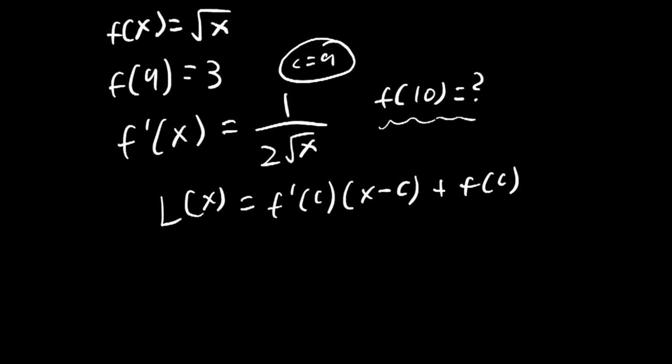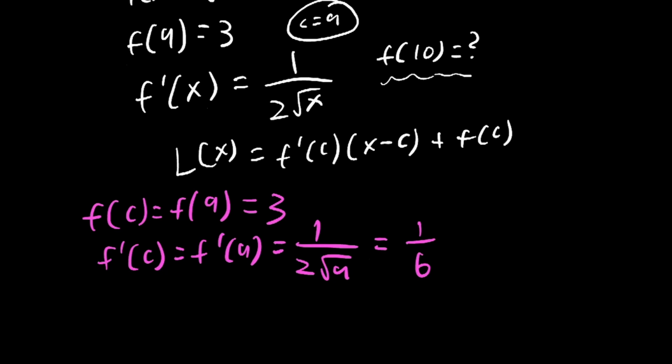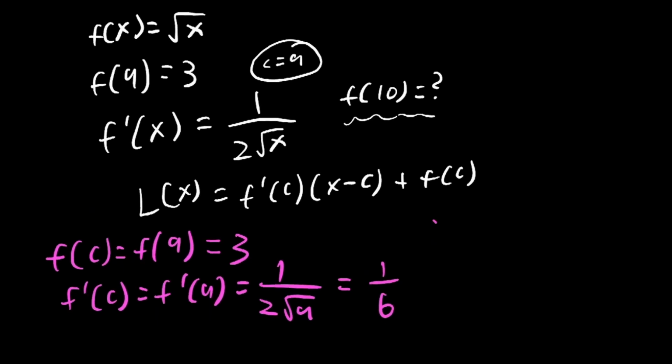So in pink, I'm going to write down everything that we know. f of c, which is f of 9, is equal to 3. f prime of c, which is f prime of 9, is equal to 1 over 2 root 9, which is equal to 1 over 6. And we know, of course, that x minus c is essentially just x minus 9, okay?